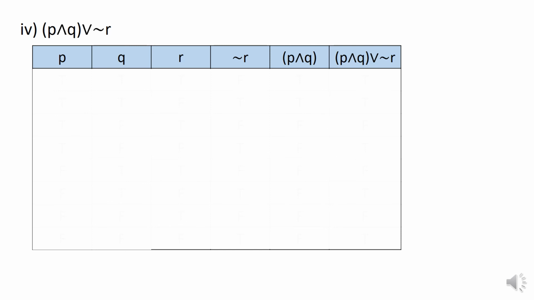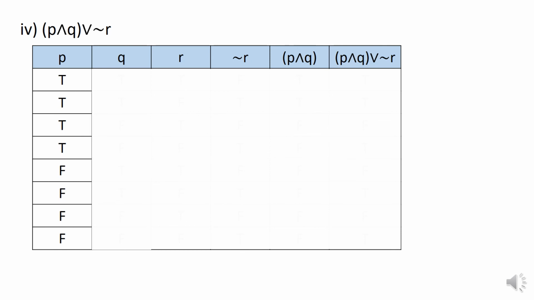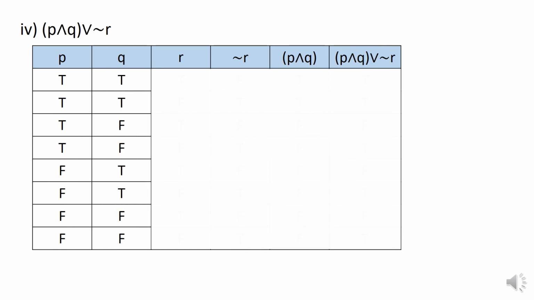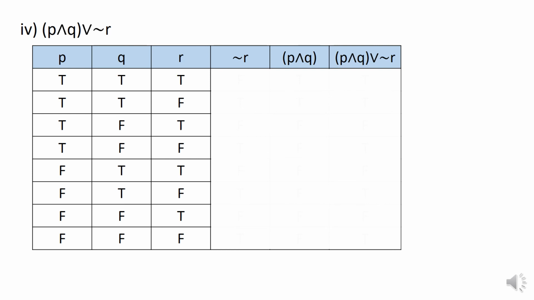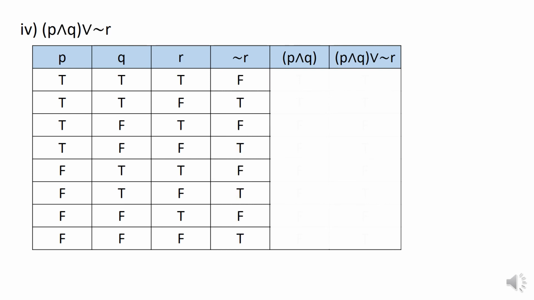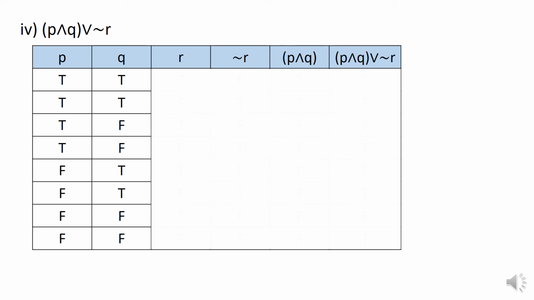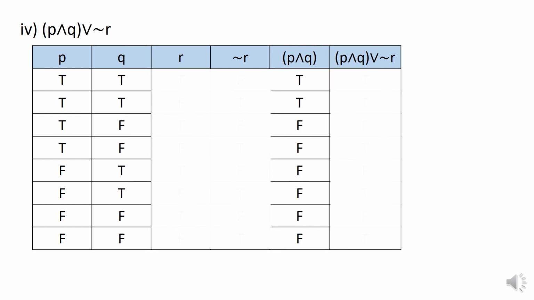Then as usual, the values for P, the values for Q, the values for R and not R. Again, for P and Q, we need to consider only those two columns, that is P and Q. Thus, we will not consider the remaining and we'll get the truth values for P and Q. Similarly, the last column, that is P and Q or not R, we are going to consider only those two appropriate columns.